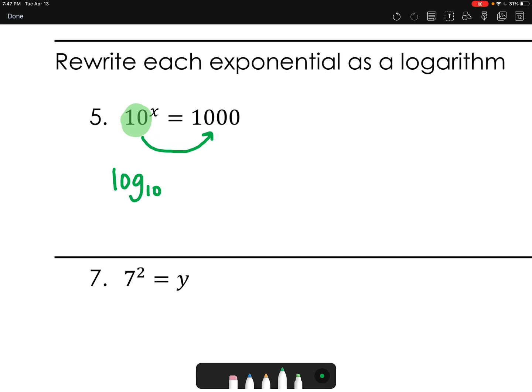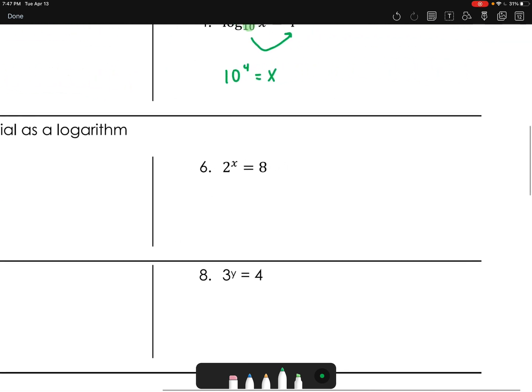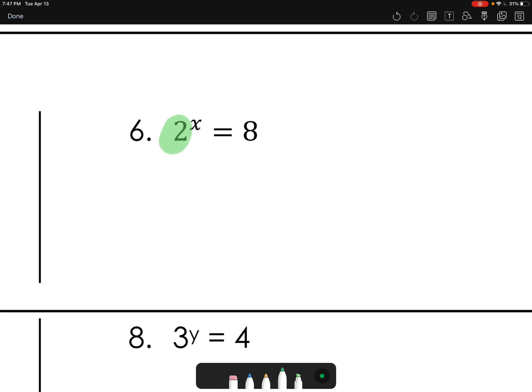Log base 10 of 1,000 equals x. Okay, let's try number 6. First thing is find your base, which is 2. And so I am writing log base 2, going in a circle across the equal sign, of 8 equals x.